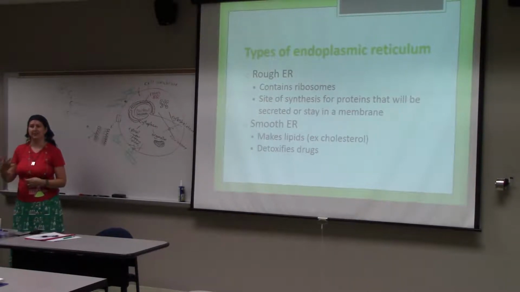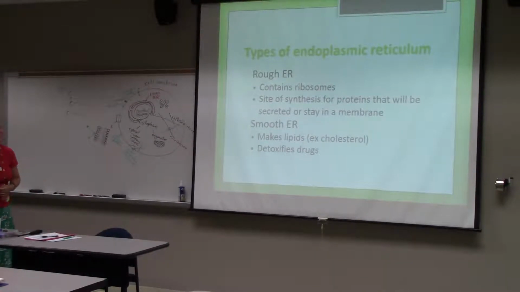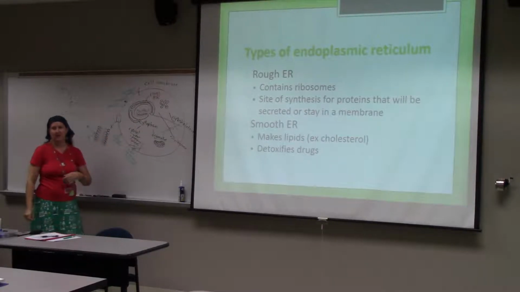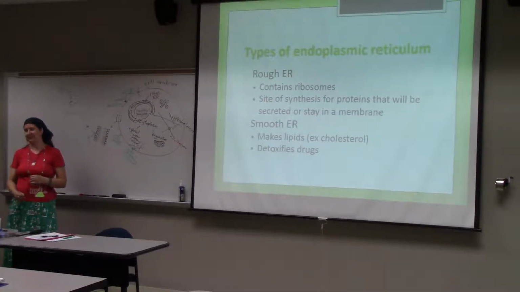The rough ER is going to build proteins, and the ones it builds, as opposed to the free ribosomes, are proteins that need to either be attached to a membrane, because it can build it within the membrane here, or that need to be sent out of the cell.